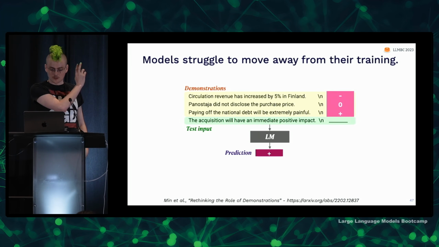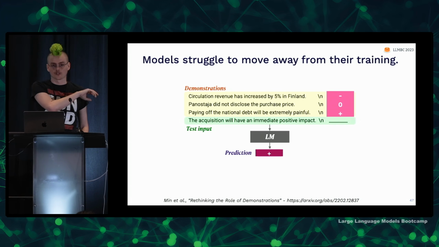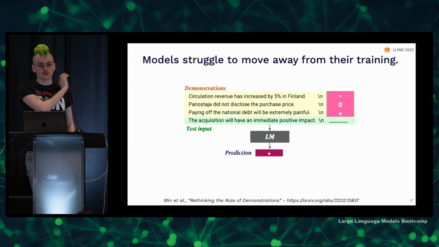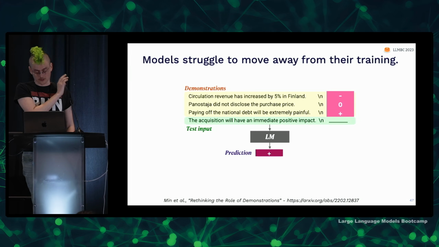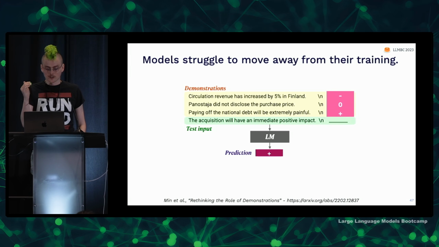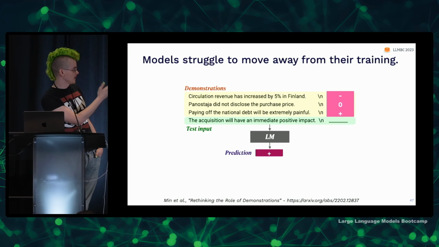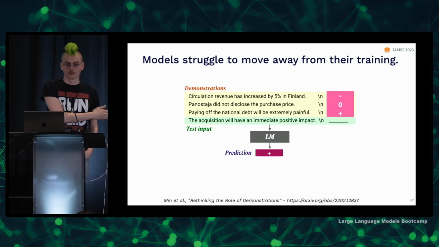And if you take those labels and permute them so that now positive things are to be labeled as negative and negative things are to be labeled as positive, GPT-3, the model that launched the idea that language models are few-shot learners, will basically ignore the labels you provided and continue to say that a positive statement, like "the acquisition will have a positive impact," should have the label positive rather than negative. So you flip the labels.